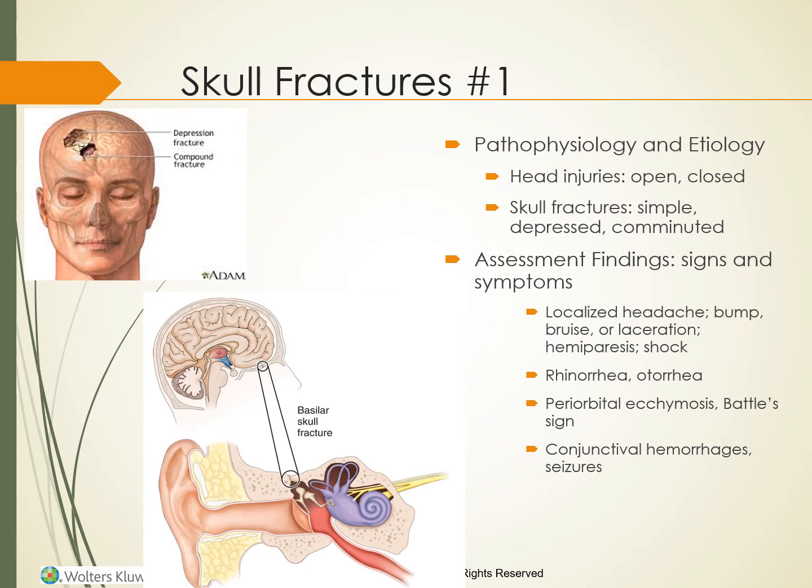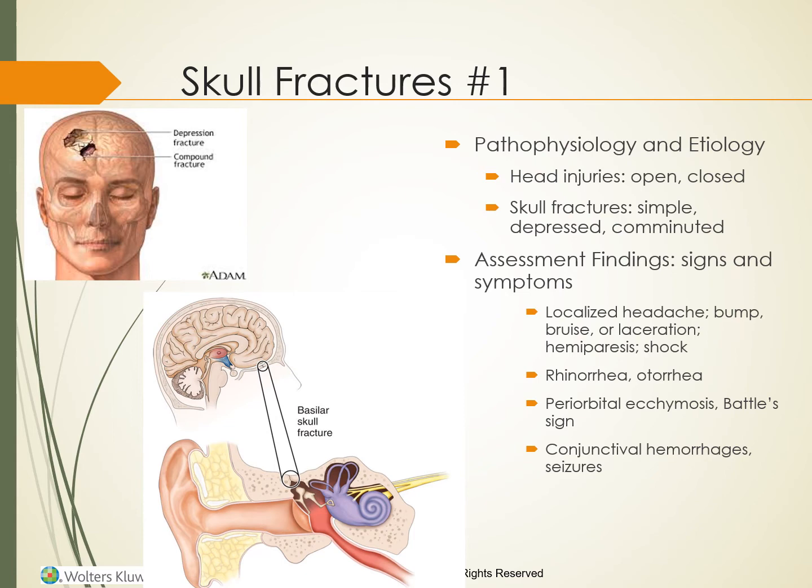Now, this can be associated with an open head injury in which the scalp, bony cranium, and the dura mater are exposed, or it may be a closed head injury in which an intact layer of scalp covers the fractured skull.